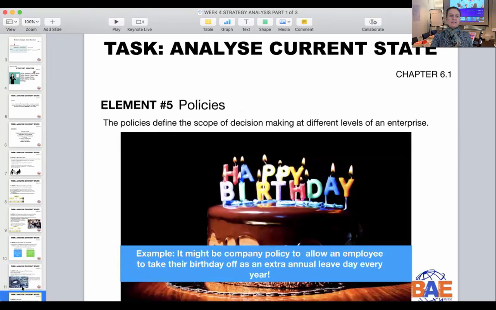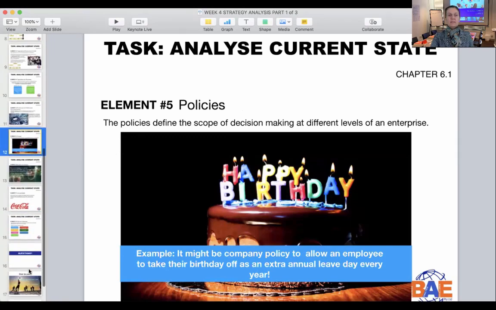If it's a factory, you really need to understand what is the landscape in terms of your physical infrastructure. And then policies. We are all quite familiar with this concept, where policies are basically defining the scope of decision making at different levels of the enterprise. An example that I came up with is a policy that we all love, and that is if you can find a company that's got a policy to allow an employee to take their birthday off as an extra annual leave day every year, then that's a pretty good policy from an employee's perspective.